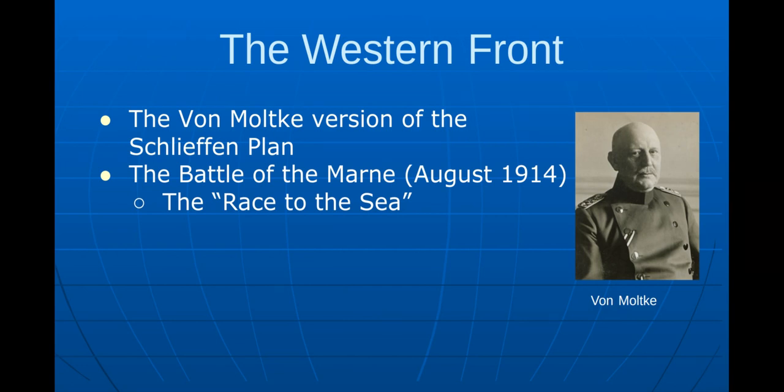They'll keep going north, all the way in what is called the Race to the Sea. And so all along this front, as these soldiers fight, and the Germans try to outflank to the north and sweep around, and the British and the French stop them, you have this long, hundreds of miles line, extending from essentially where originally the Battle of the Marne was fought, all the way to the North Sea.